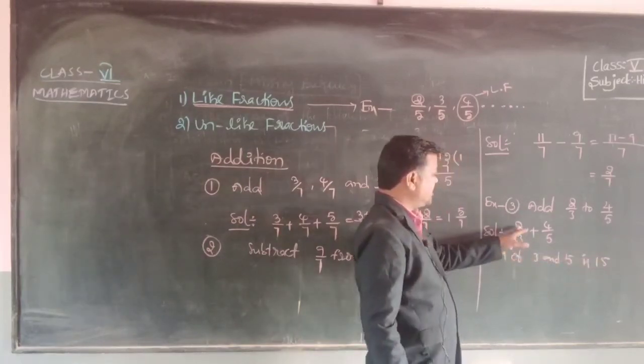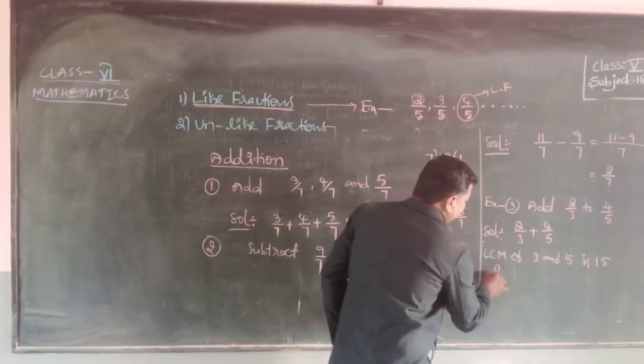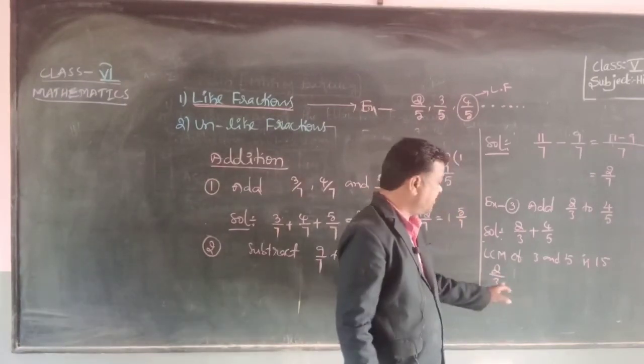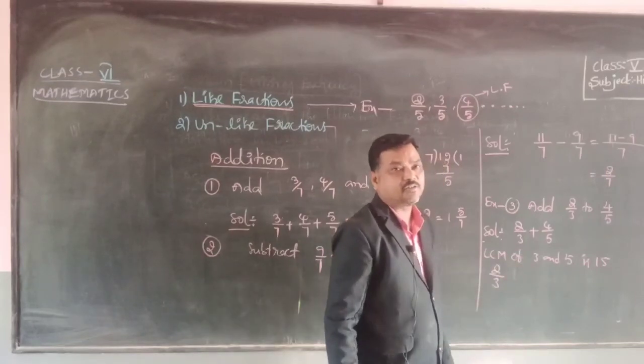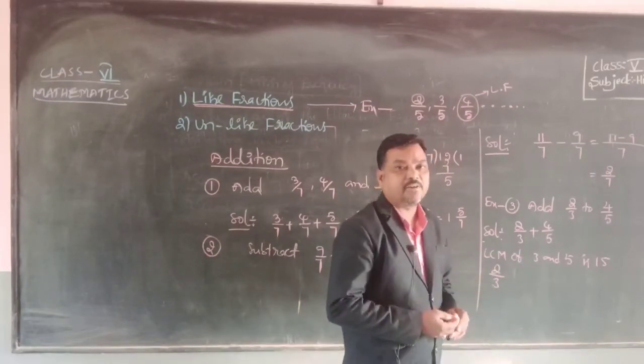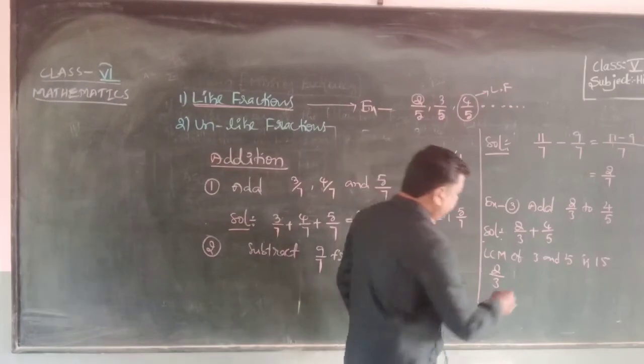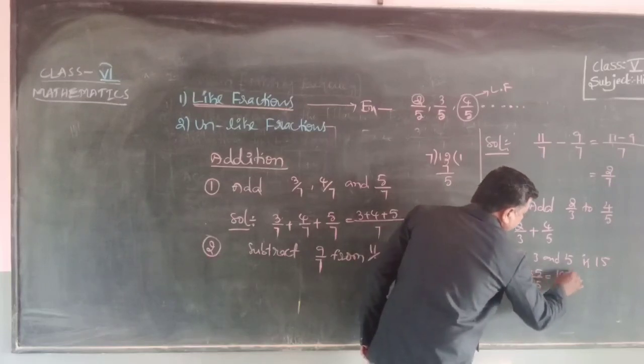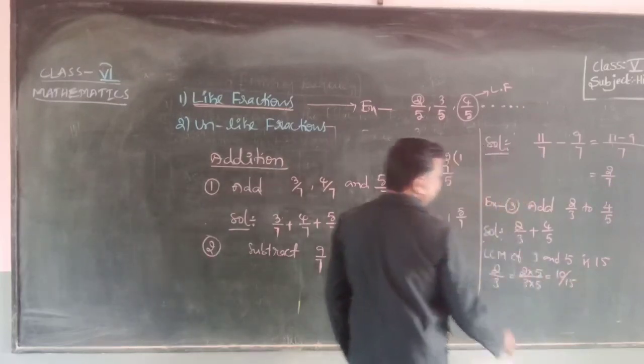In the first fraction the denominator is 3, and this 3 we change into 15, so we multiply numerator and denominator by 5: 2 into 5 by 3 into 5, which is 10 by 15.